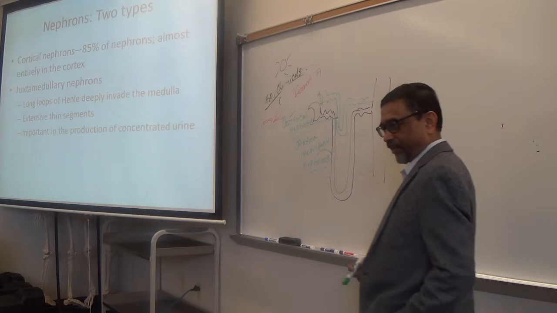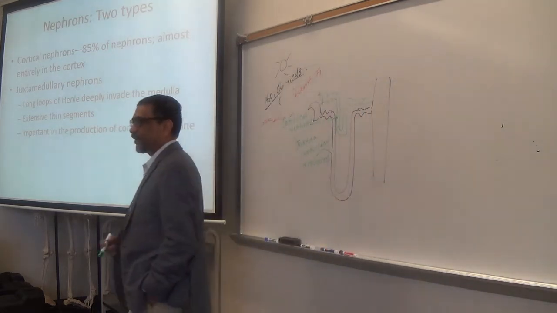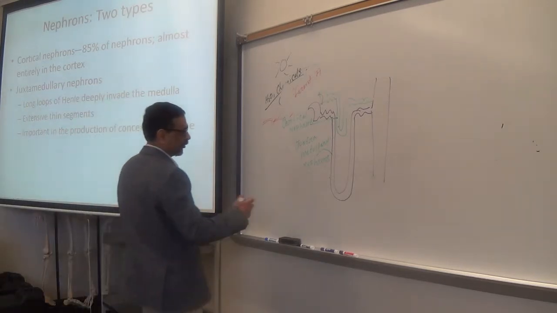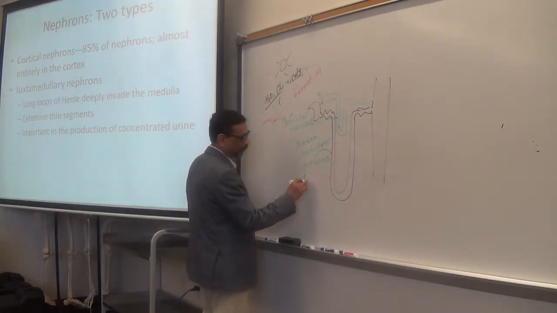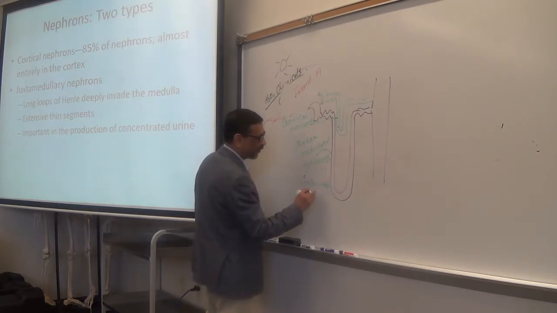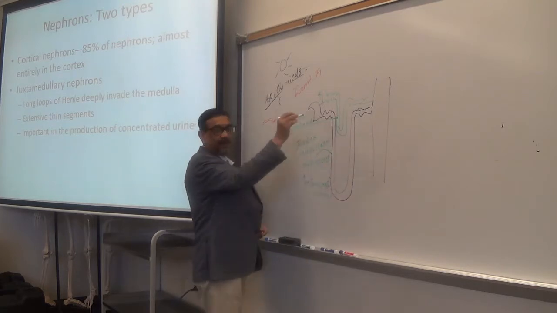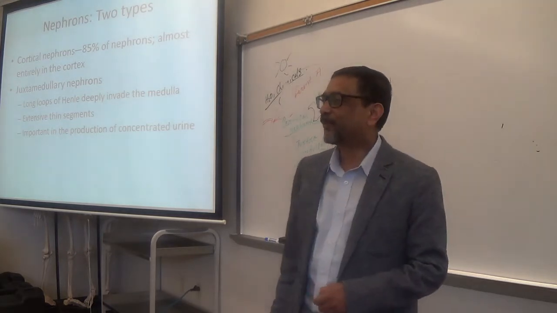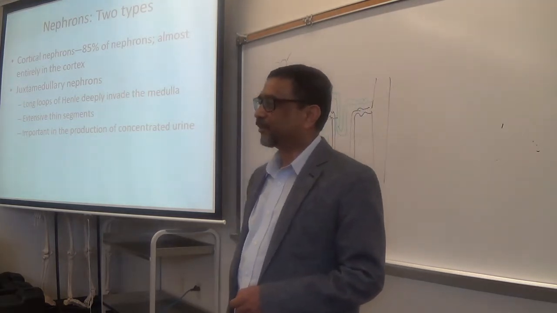Juxtamedullary nephrons or long-looped nephrons produce concentrated urine. Produce what? Concentrated urine. Cortical nephrons or short-looped nephrons is something else.